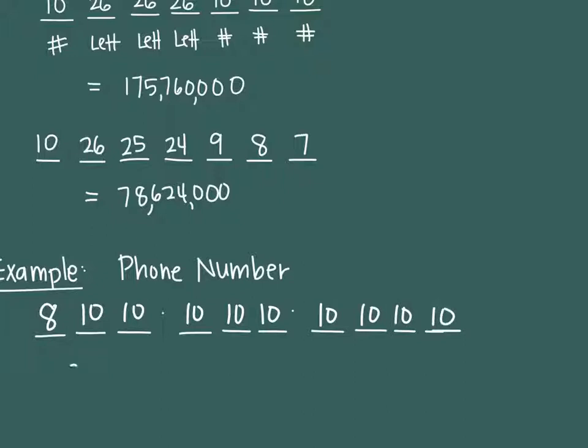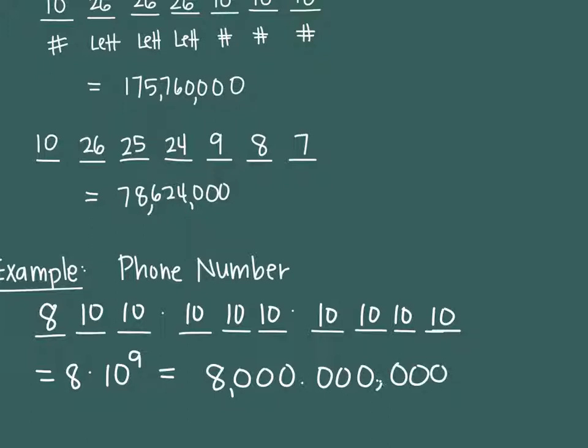Well, a better way to write that might be 8 times 10 to the 9th, that would be 8 with 9 zeros coming after it. So that's 8 billion different phone numbers that could possibly exist.